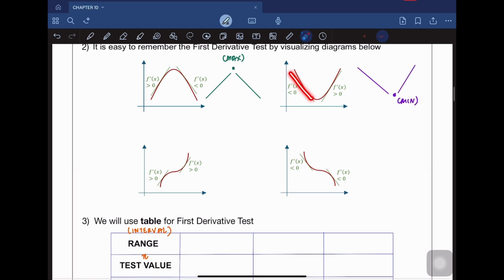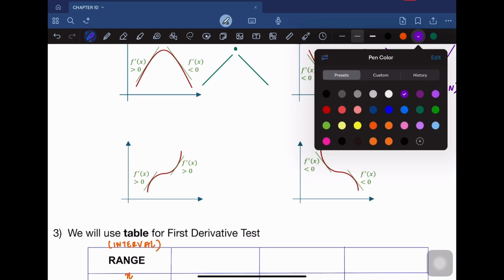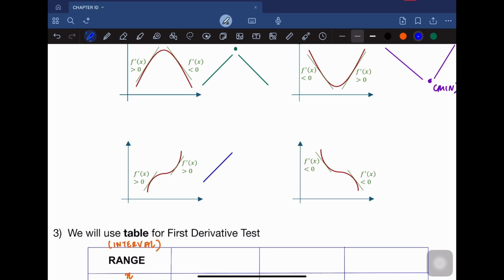And then let's say you have this shape and then this shape. So for example, the first shape will be like this and the second shape will be like this, or the first shape like this or the second shape like this. So for these two cases, you will have no relative extremum.